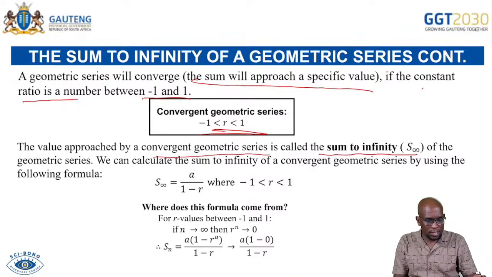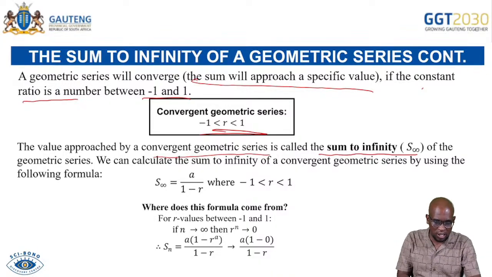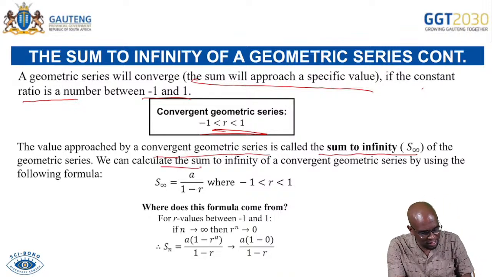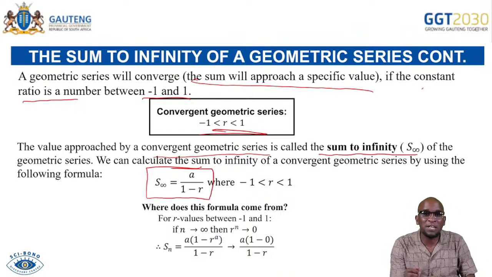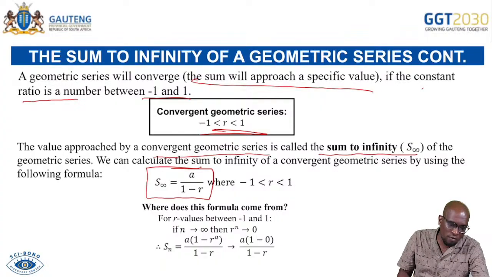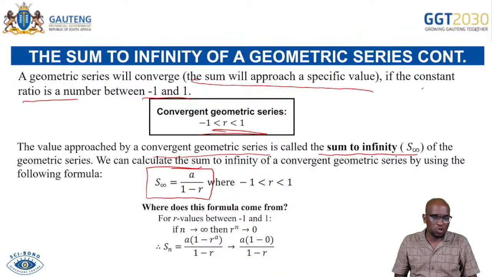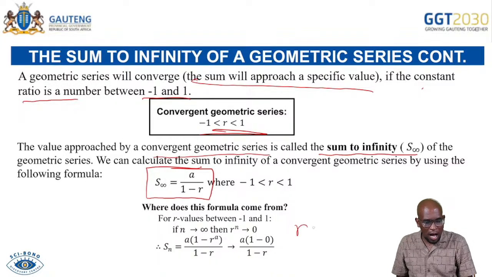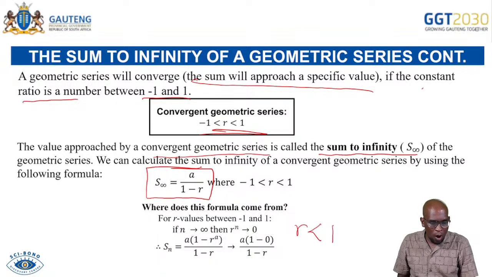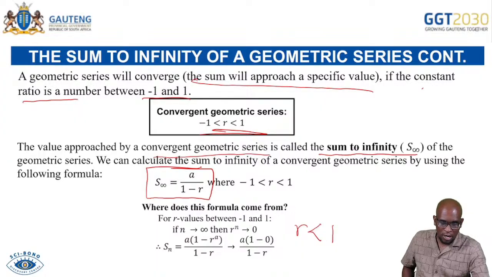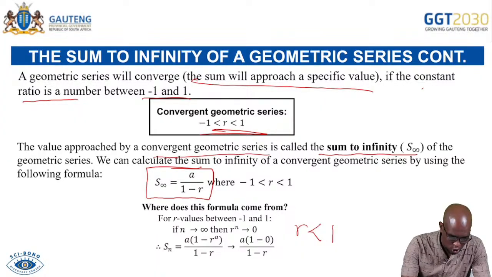Now we can calculate the sum to infinity of a convergent geometric series by using the formula S sub infinity is A over 1 minus R. This has been derived, good people. This was derived from the sum of the n terms of a geometric sequence, but we'll take equation 2 because R is less than 1. Because R is less than 1, we'll take equation 2.